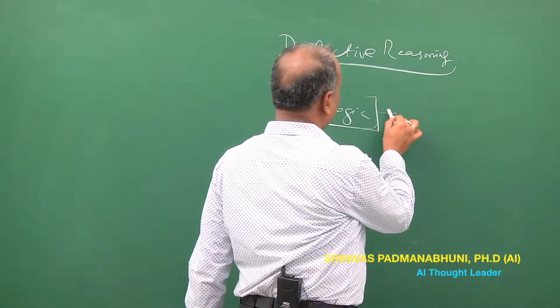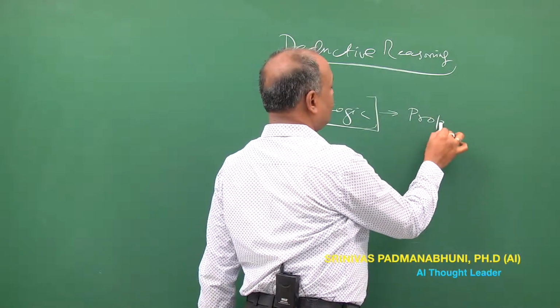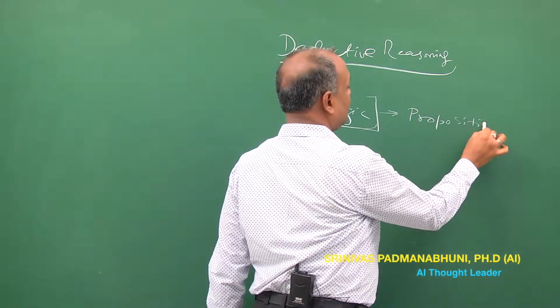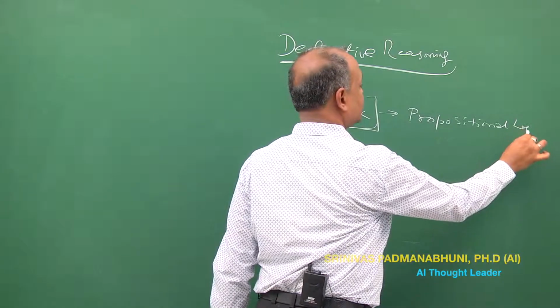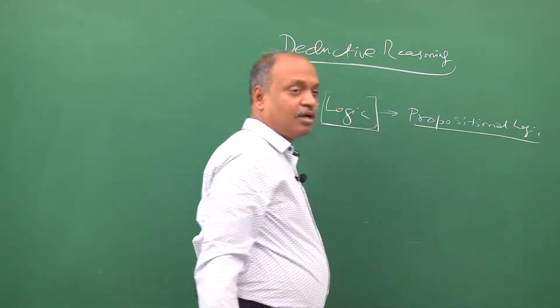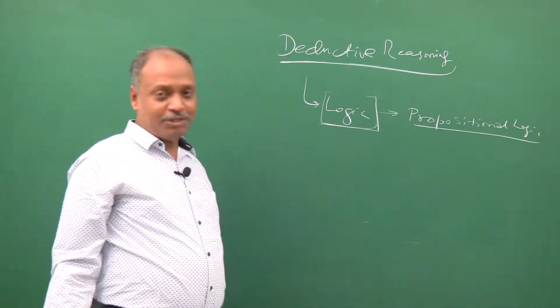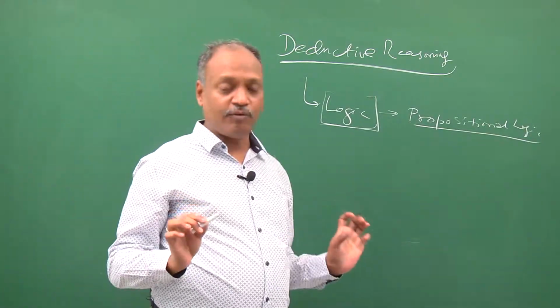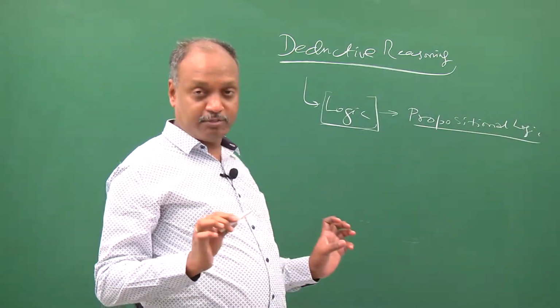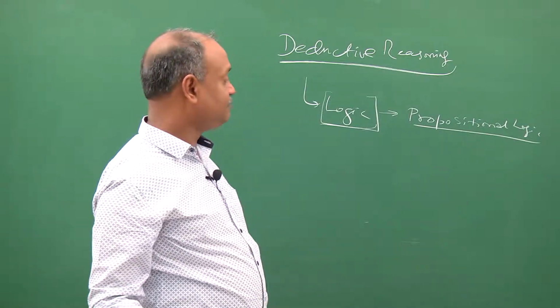The basic formulation of logic, which is a starting point, is what is known as propositional logic. Propositional logic is, to me, a very simple form of logic, which is much like Boolean algebra or hardware circuits.